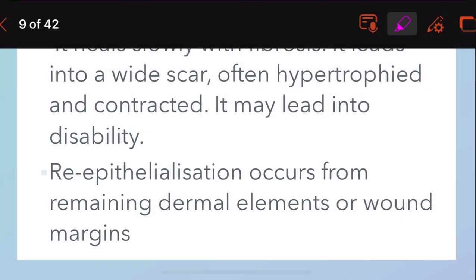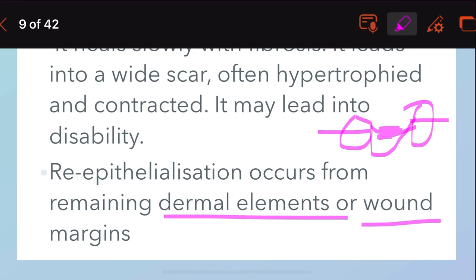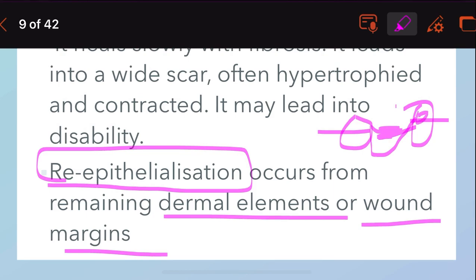re-epithelialization. So you see here, this is the site of the wound. There is damage here, but the remaining adjacent cells, the dermal elements or the wound margins, are going to re-epithelialize and close this wound, coming in this way.